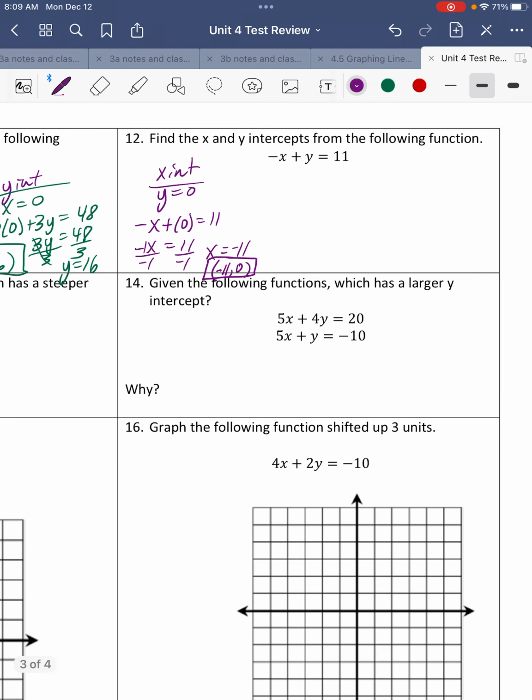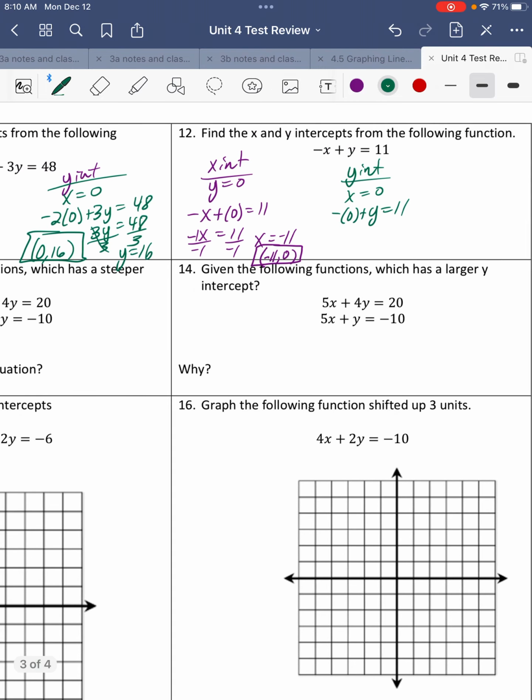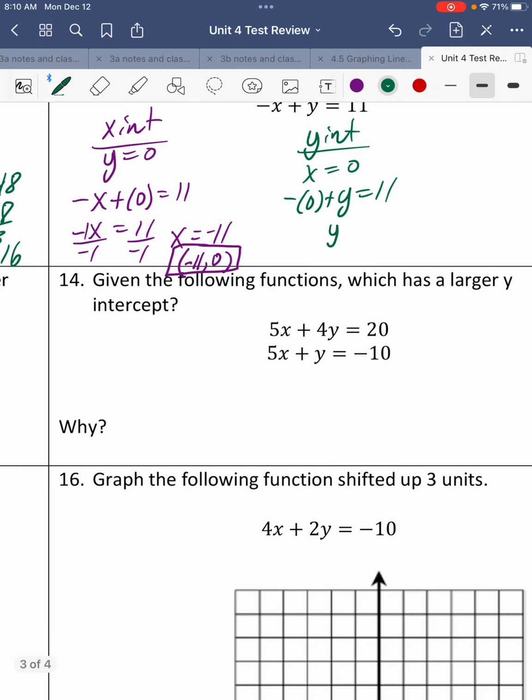And we have negative 11 as your x-intercept. For the y-intercept, we're going to set x equal to 0. So negative 0, which doesn't make sense. You can't have a negative 0, so that's just going to be 0 plus y is y. And it's already solved for. Y equals 11. So we have the x value is 0, the y value is 11. That's your y-intercept.